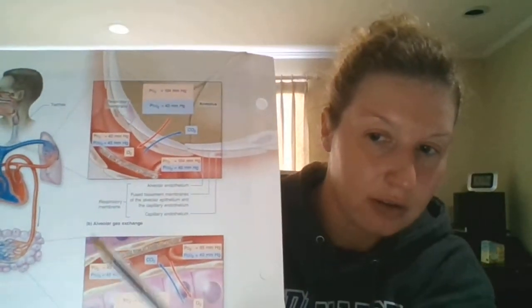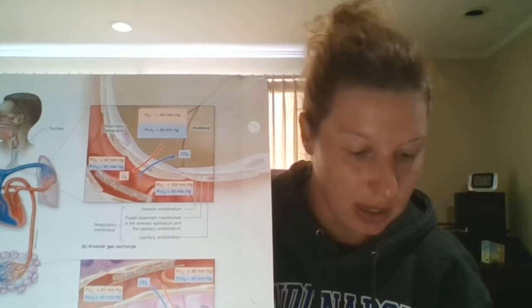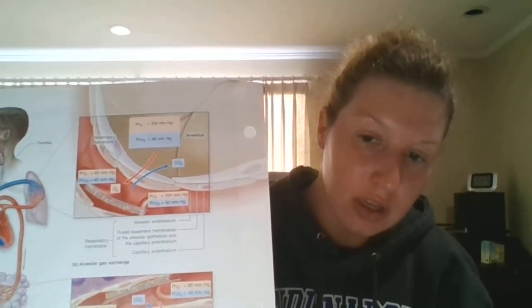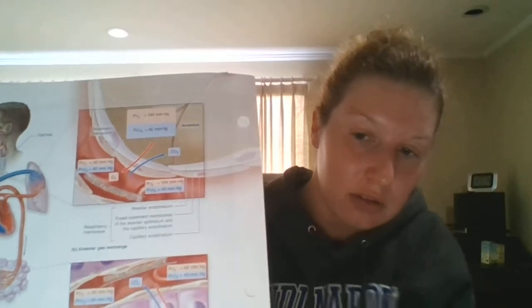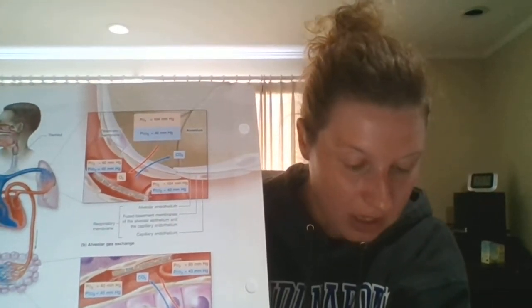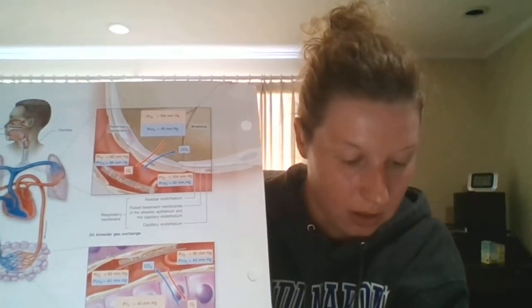First, you've got a pulmonary capillary. There it is. Now, inside this pulmonary capillary, the PO2 is around 40. Yeah, 40. And the PCO2 is going to be about 45 in the capillary.